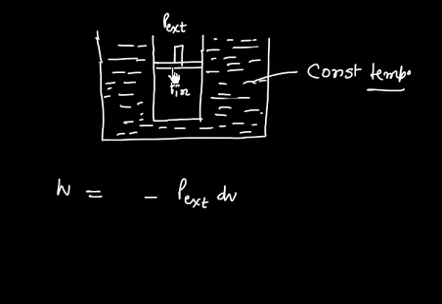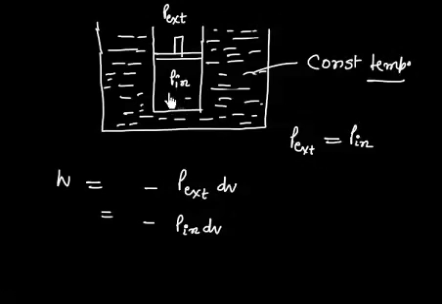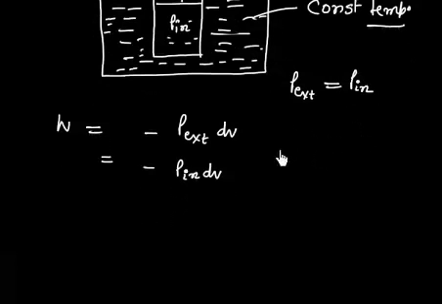Now my system, let us say, expands. In this case, since the system is reversible, I can write P external is equal to P internal. So now I can write this is minus P internal into dV. I can also assume the gas is ideal. So now I can write PV is equal to nRT.